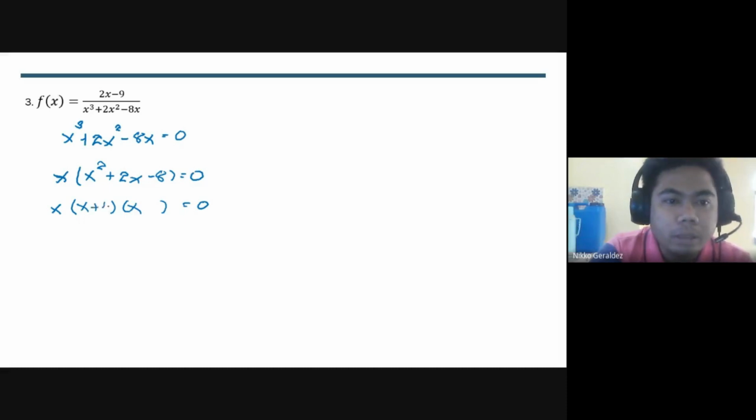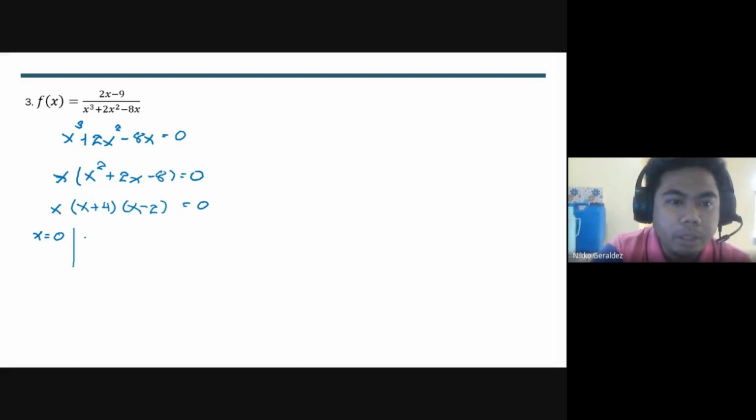So x plus 4 times x minus 2. So check natin, x times x squared, 4 times negative 2, negative 8, 4x minus 2x, so positive 2x. Then solve for x. So first x, so x equal to 0.